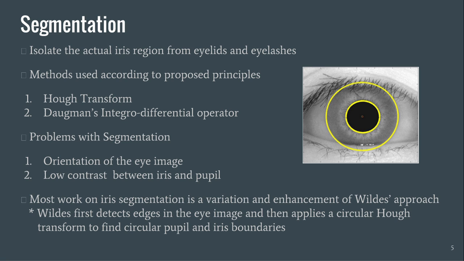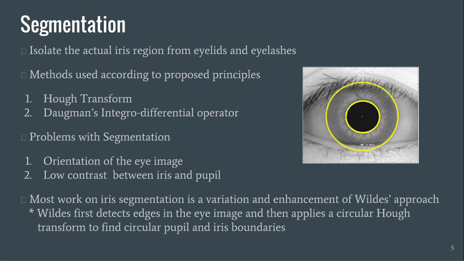The Hough transform is very time efficient, but the segmentation done is not that good, as you might notice in Daugman's integral differential operator. But on the other side, Daugman's operator doesn't give you a very time efficient algorithm for segmentation.